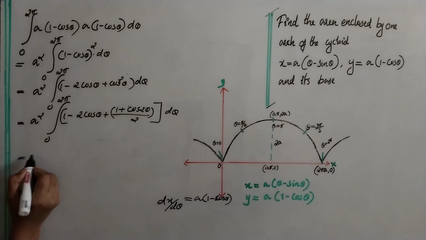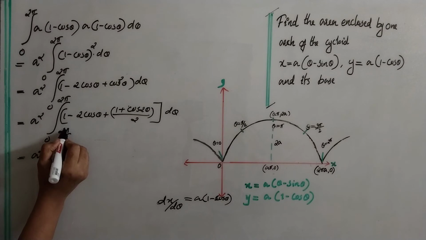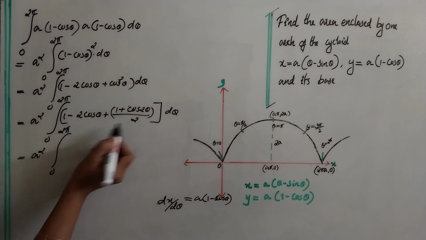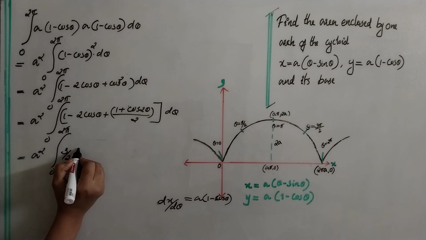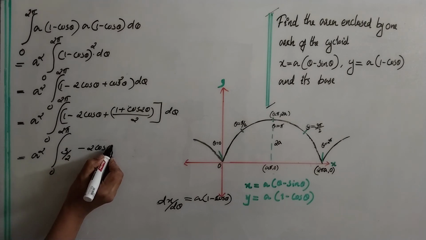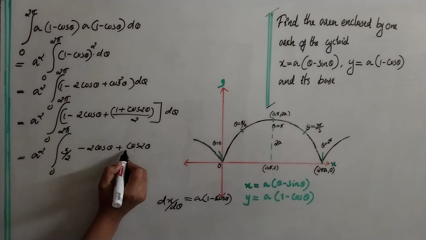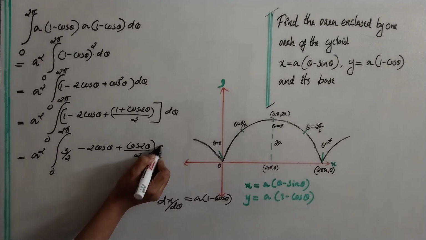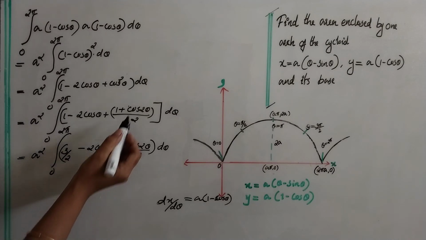This is equal to a square into integral 0 to 2 pi, here 1 plus 1 by 2, so 3 by 2, minus 2 cos theta plus cos 2 theta by 2 into d theta.